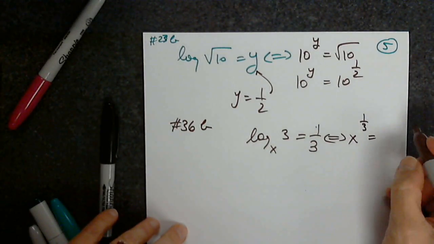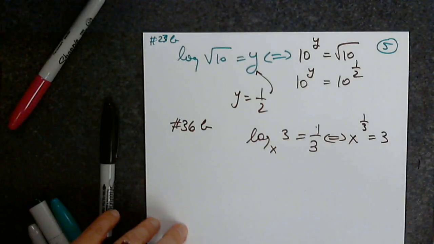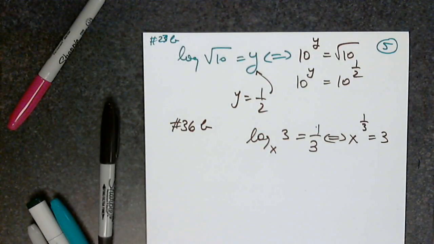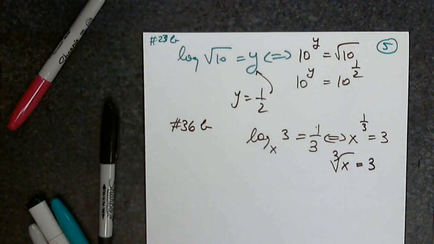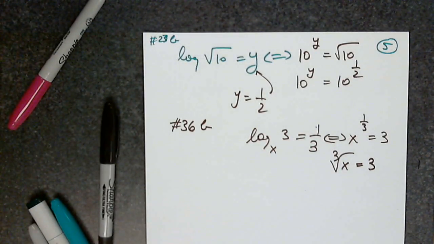Equals? Good. But I know what x to 1/3 is. Is there another way of writing x to 1/3? Exactly. And now I think, the cube root of is 3. That's it.